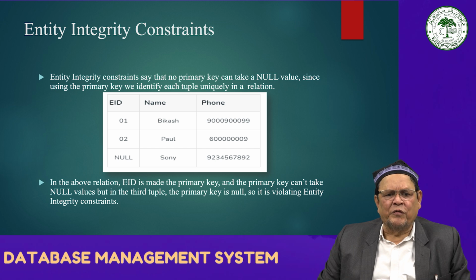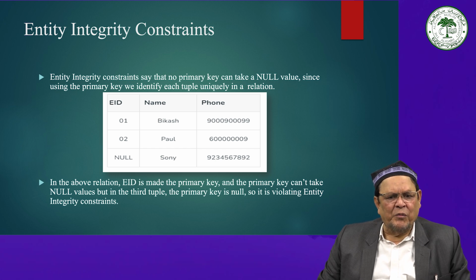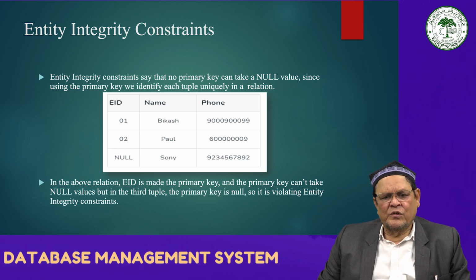The most common form of entity integrity constraint is the primary key constraint, which mandates that each tuple in a table must have a unique identifier. This identifier, known as the primary key, serves as a unique identifier for each entity, ensuring that there are no duplicate records within the table. By enforcing entity integrity, the database management system prevents data redundancy and ensures data consistency, facilitating accurate data retrieval and manipulation.